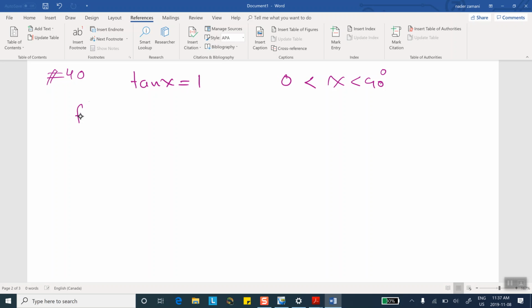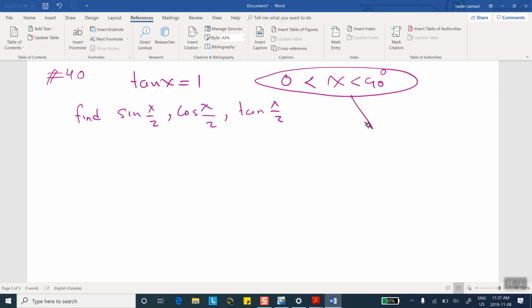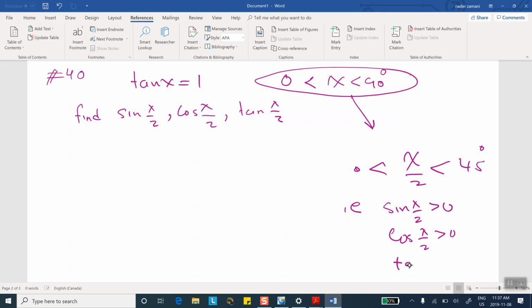Find sine of x over 2, cosine of x over 2, and tangent of x over 2. Now first of all, because x is in this range, x over 2 is less than 45 degrees and bigger than 0, which means sine of x over 2 is positive, cosine of x over 2 is positive, and of course tangent of x over 2 is also positive.